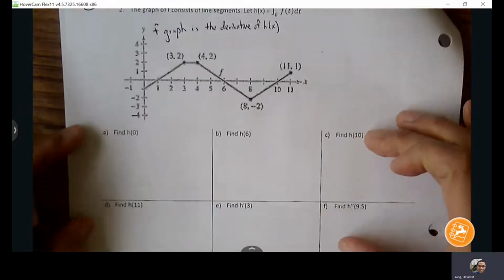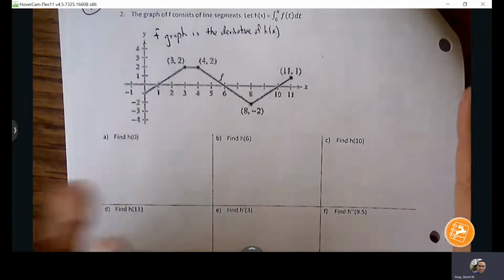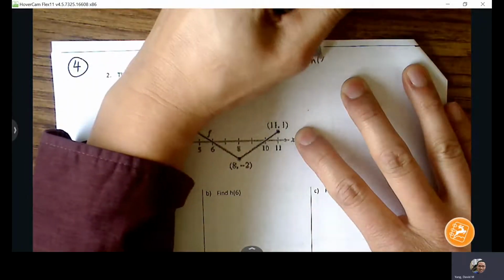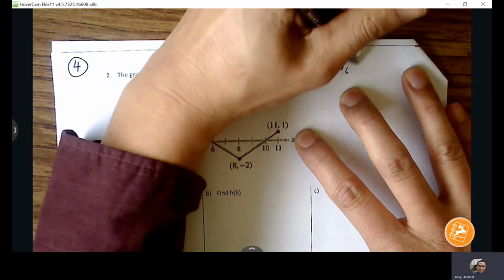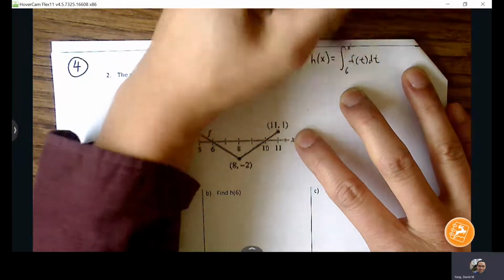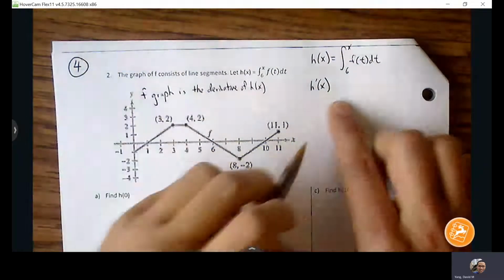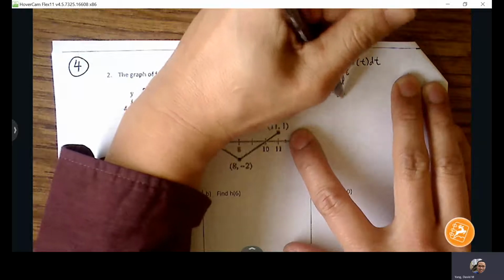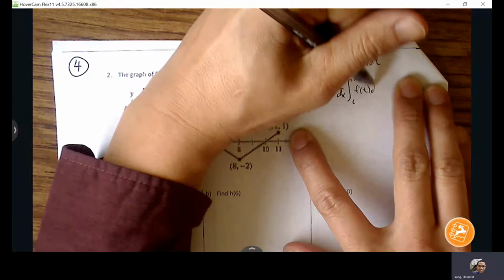Just like before, we want to establish the relationship between h and f. So we know that h is the definite integral from 6 to x of f of t dt, which means that h prime is f, but we can also use the second theorem to prove that as well. d over dx of the integral from 6 to x of f of t dt.